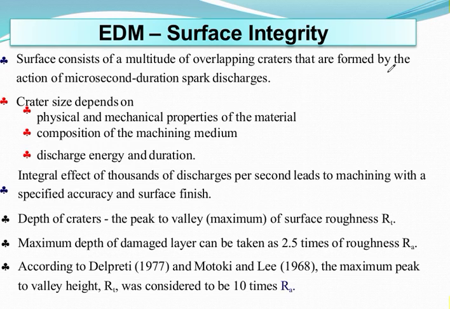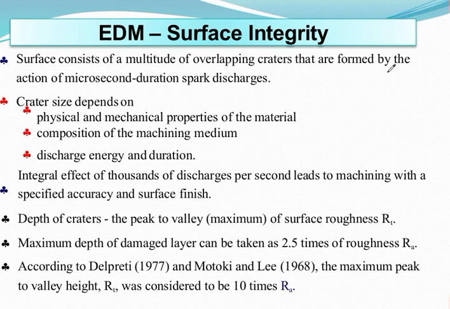The integral effect of thousands of discharges per second leads to machining with a speed, specified accuracy and surface finish too. The depth of the crater is basically the peak-to-valley maximum of surface roughness, and the maximum depth of the damaged layer can be taken as 2.5 times that roughness.